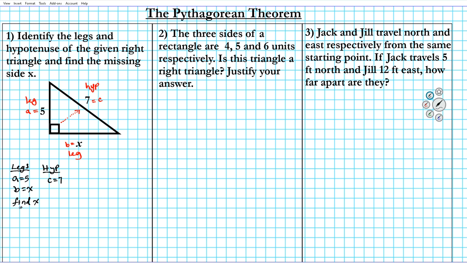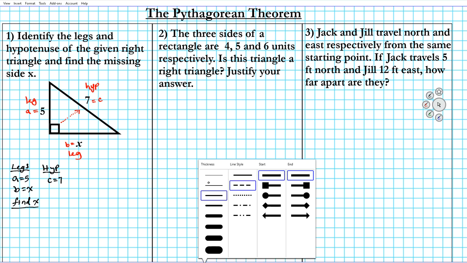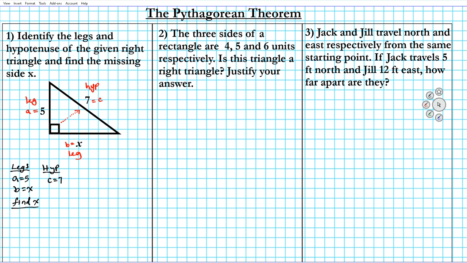Let's find x. To get us started, we're going to write down the formula that relates the three sides of our triangle. If you have a right triangle, the formula that relates the three sides is the Pythagorean theorem: a squared plus b squared equals c squared.